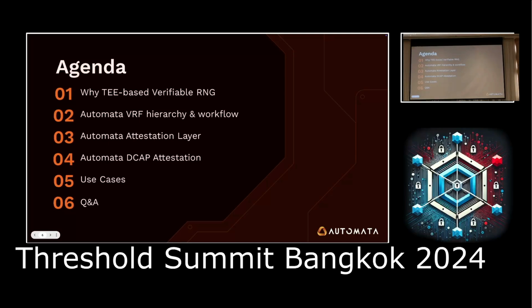And then to meet all the requirements, we also built our own attestation layer and a DCAP attestation happening on chain to make it work. And last but not least, we will also introduce Automata products which use our Automata VRF in production.